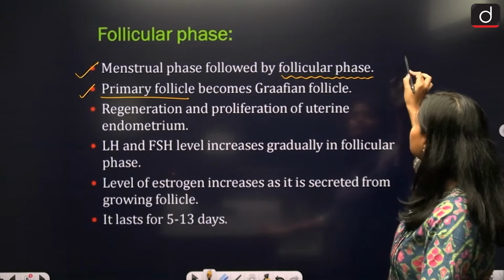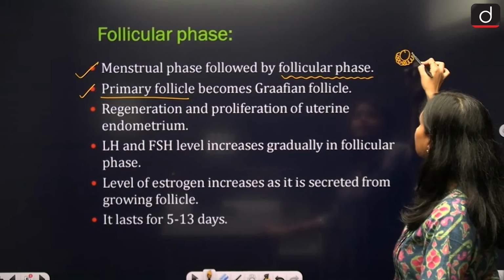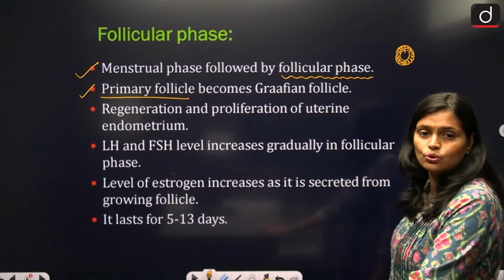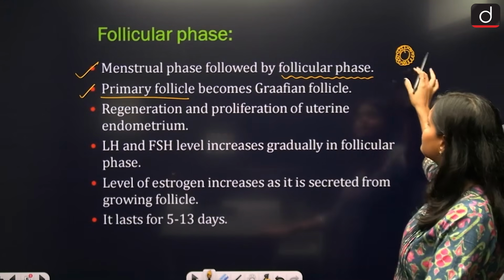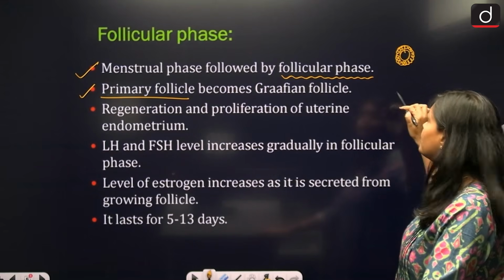Remember, there is a primary oocyte. This primary oocyte, surrounded by granulosa cells, forms the primary follicle.